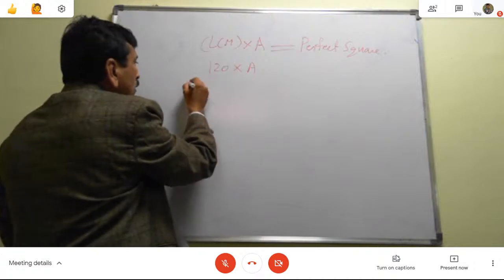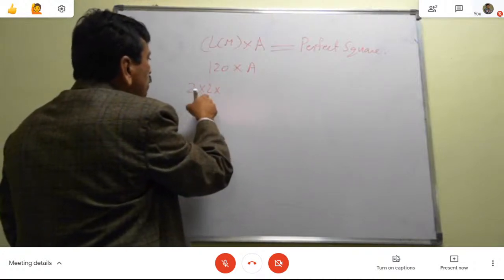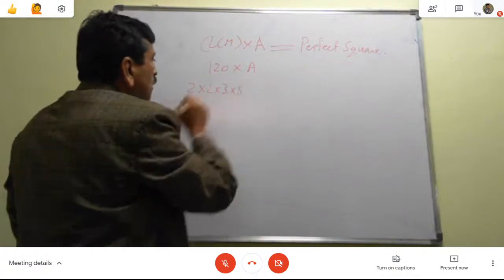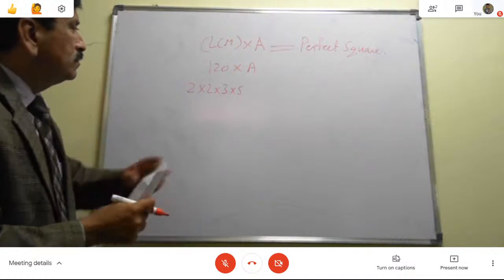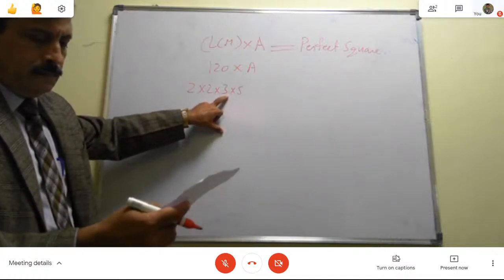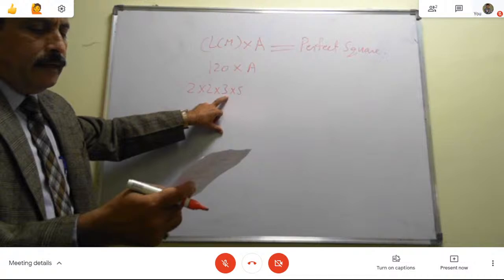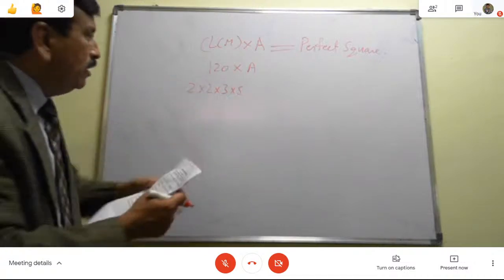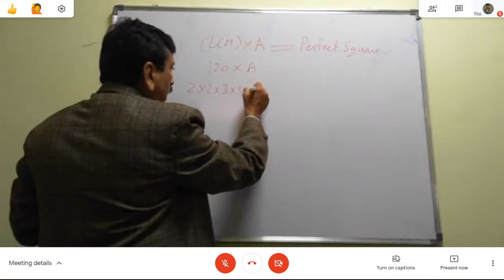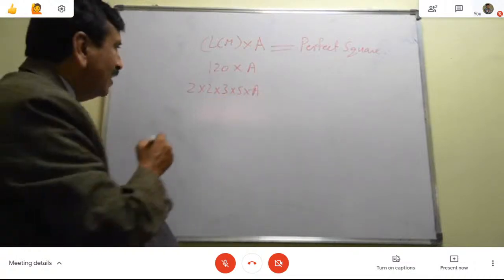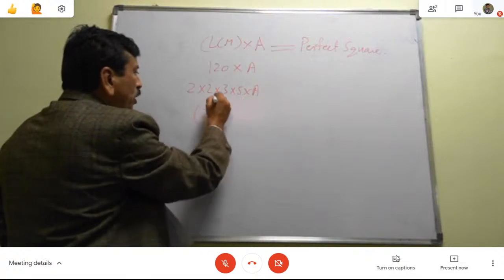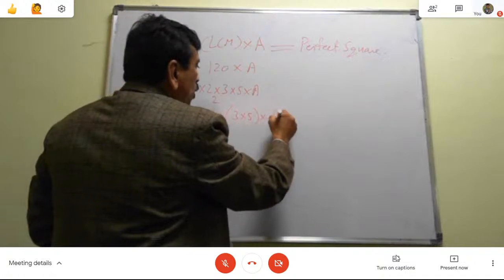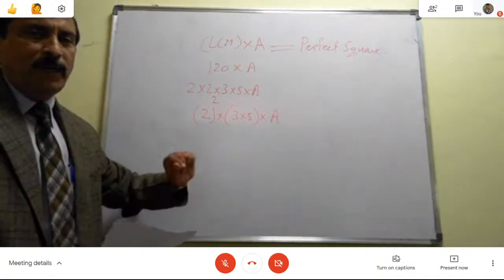120 I can write down as 2 into 2 into 3 into 5. Now, into A. Naturally, I am already having the square of 2 here, then 3 into 5 and into A. I want to make it a perfect square.